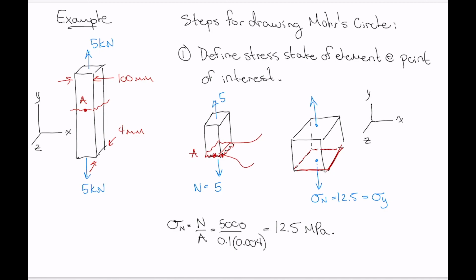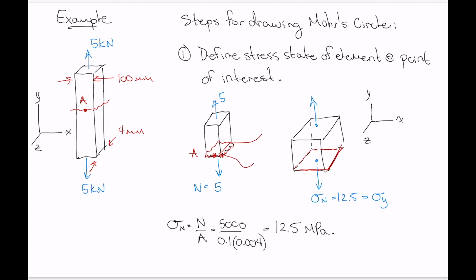So you're going to have to pay attention to not confusing these sigma subscript y's with the yield strength or the yield stress of the material that we're dealing with. This sigma subscript y is the normal stress in the y direction. Okay, so that's step 1.